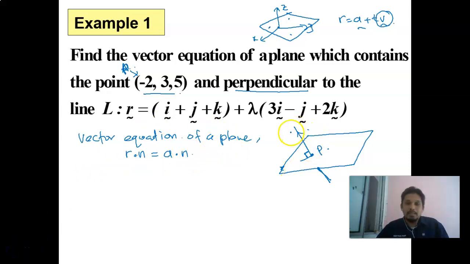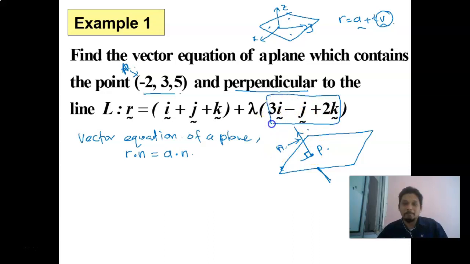Let's say this is the line L, and this line L forms 90 degrees passing through this plane. Just imagine that this line L is also the normal of the plane, the vector normal to the plane, and this is our reference.